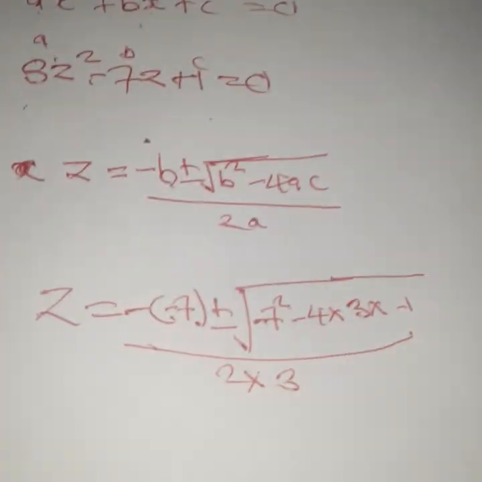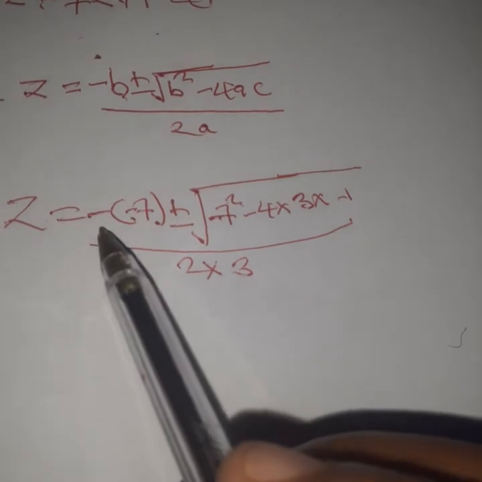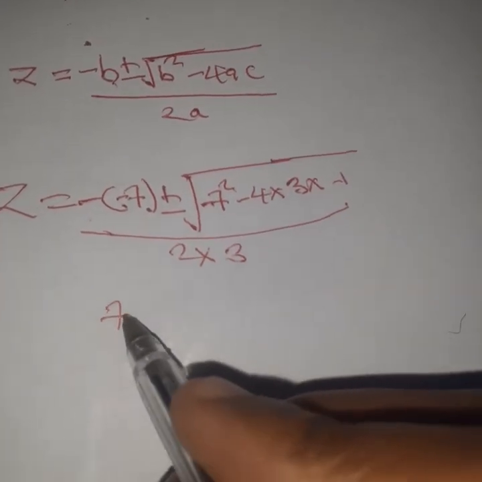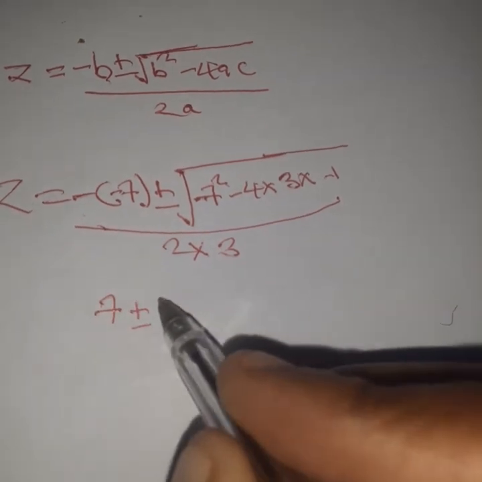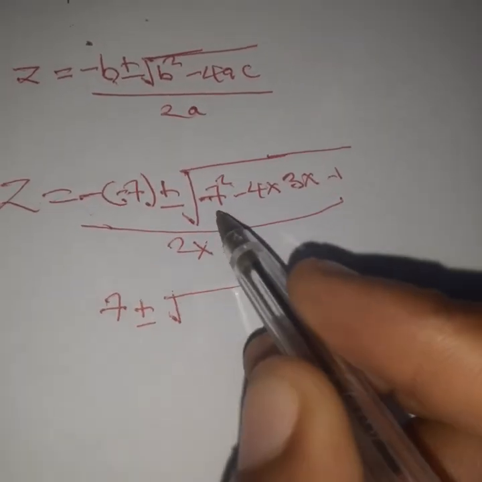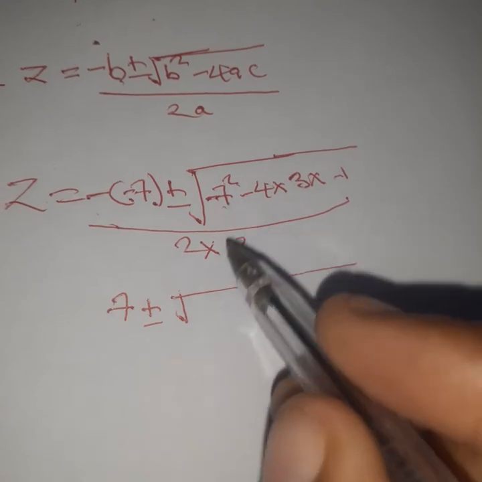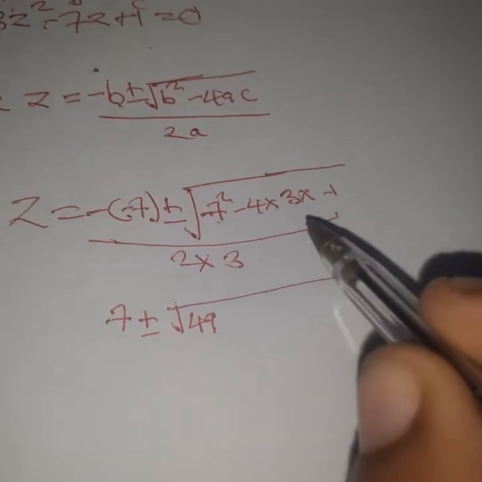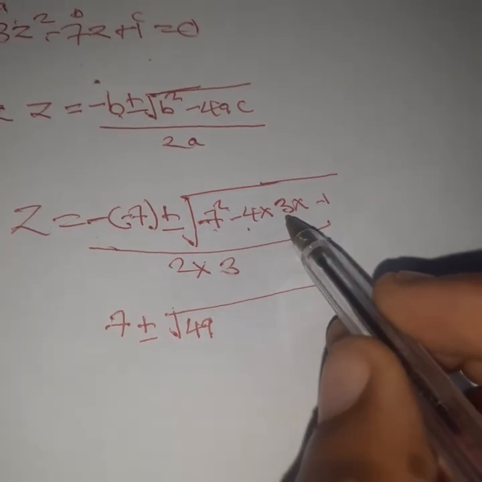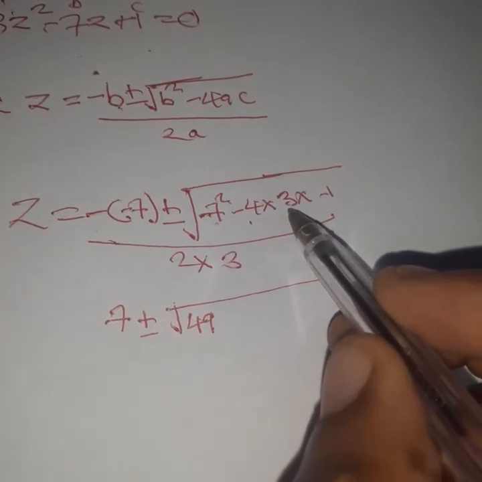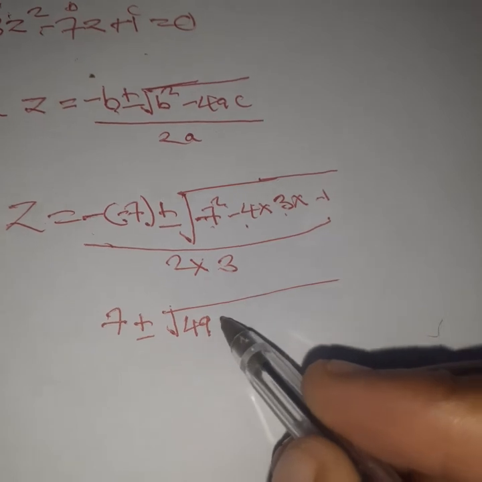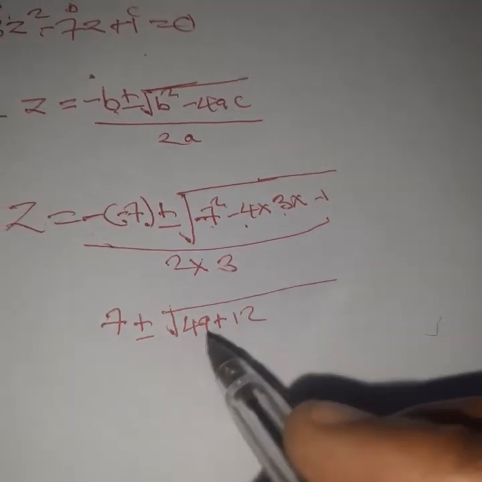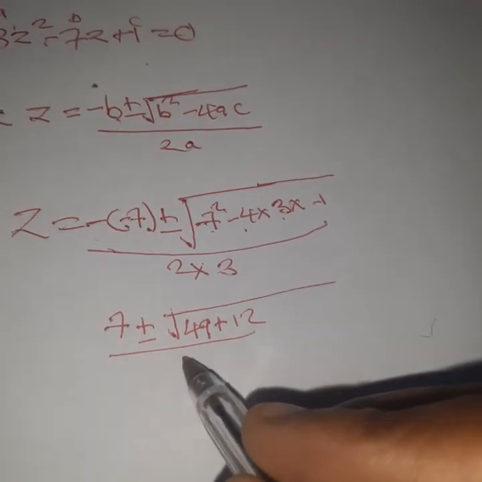You start simplifying one by one. So negative negative 7 is a positive 7, plus or minus the root of negative 7 squared, that is 49 on the calculator. Then negative 4 times 3 is negative 12, and negative 12 times negative 1 is a positive 12, over 2 times 3, which is 6.